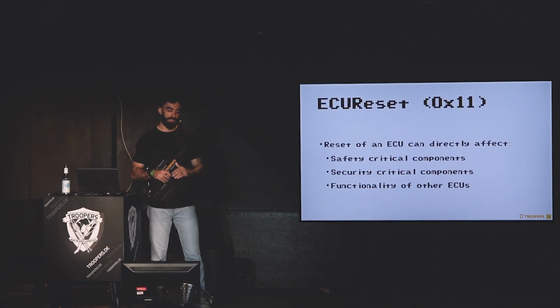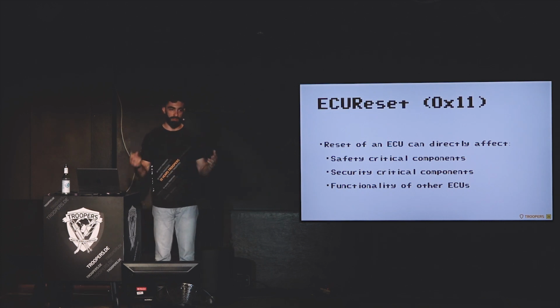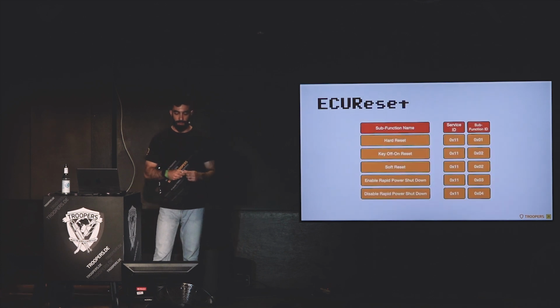One of these examples is the ECU reset, which does, as it says, reset an ECU in different ways, which can directly affect the safety critical components, security critical components, and even the functionality of other ECUs on other buses of the vehicle that are interconnected.